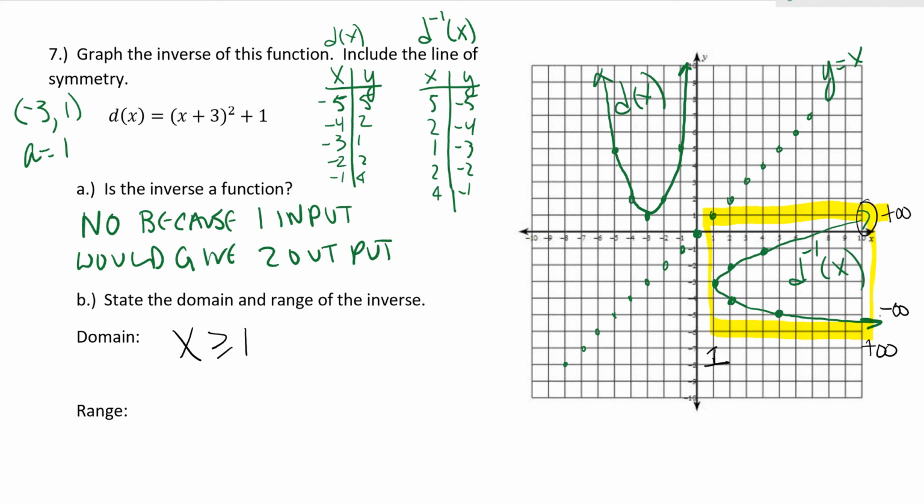If we look at the arrows, this is just going to keep getting bigger and bigger. So the range is going to be all real numbers, or we can say y is less than positive infinity and greater than negative infinity.